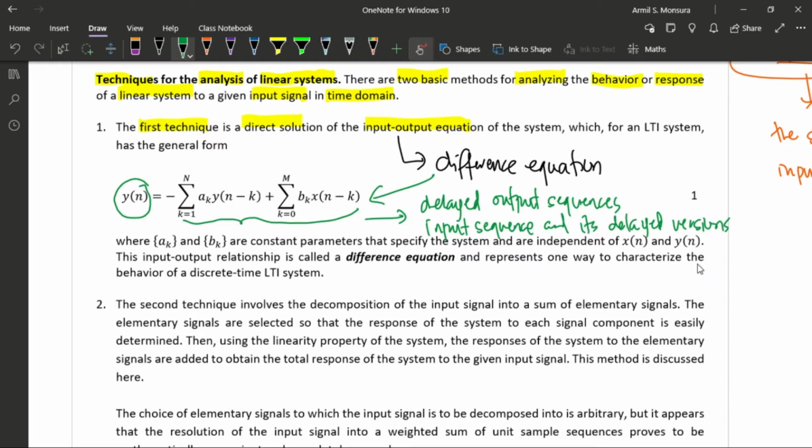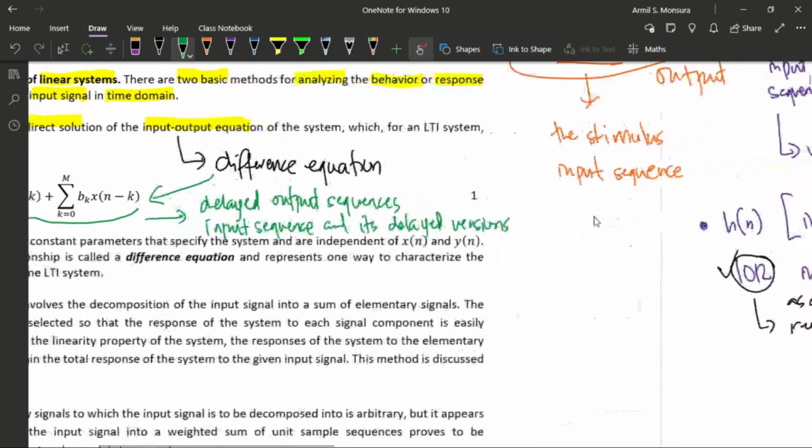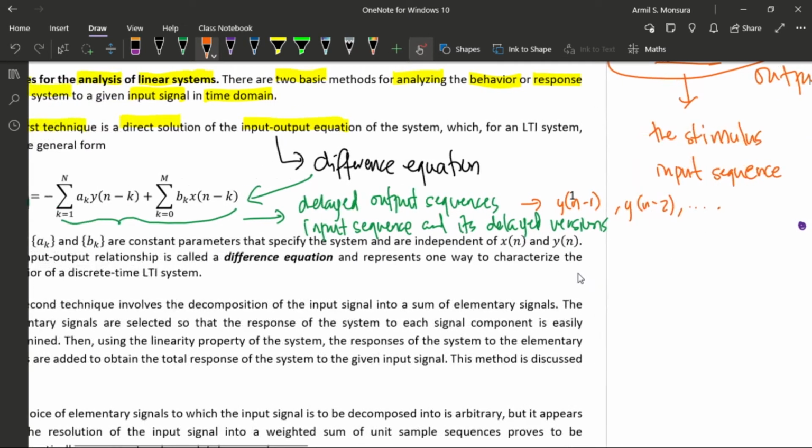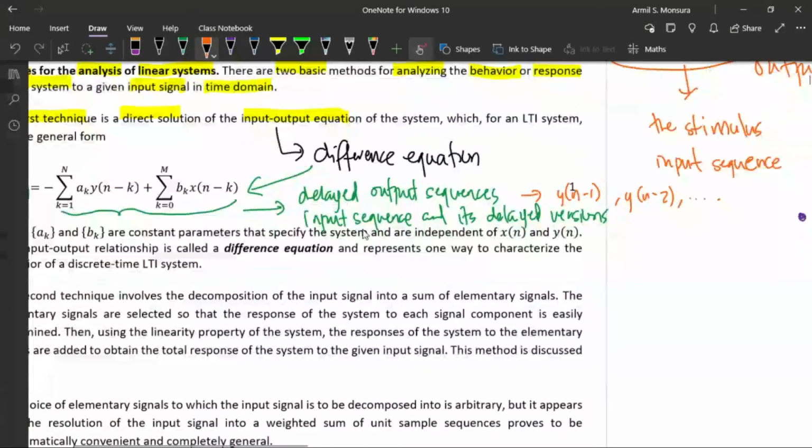That is what you will see in a difference equation. On the right side, you will see the delayed output sequences, like for example y of n minus 1, y of n minus 2, and so on. Then for the input sequence and its delayed versions, you will see x of n minus 1, x of n minus 2, and so on.